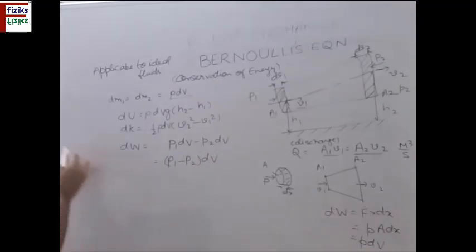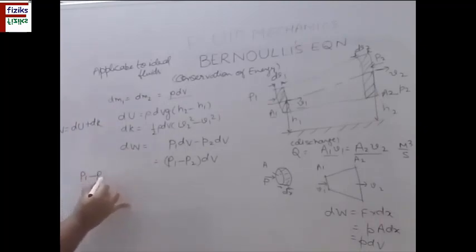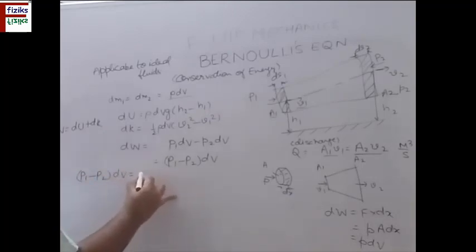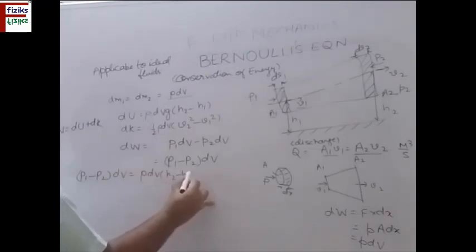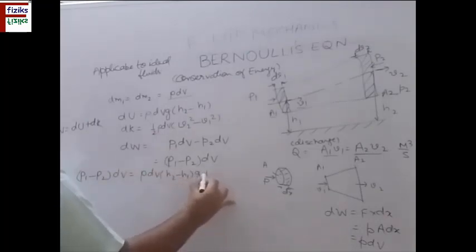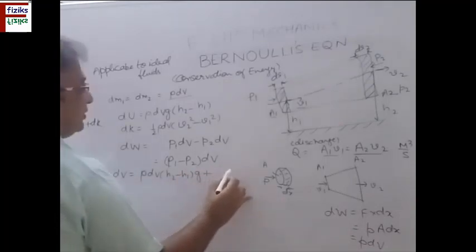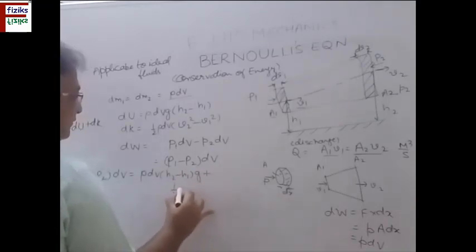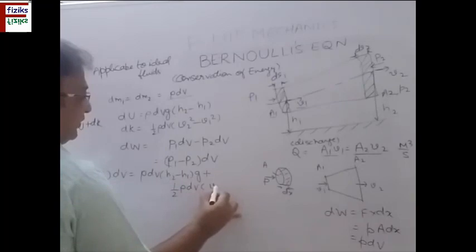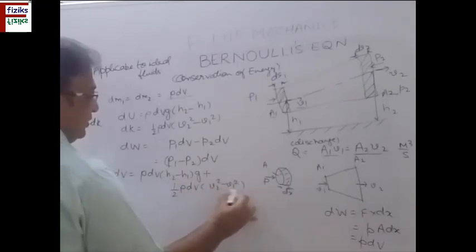Now we know that dW is equal to dU plus dK. Applying this, I can write the kinetic energy terms, half rho dV V2 square minus half rho dV V1 square.